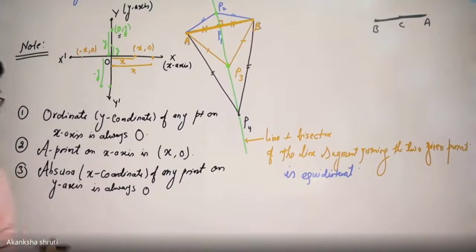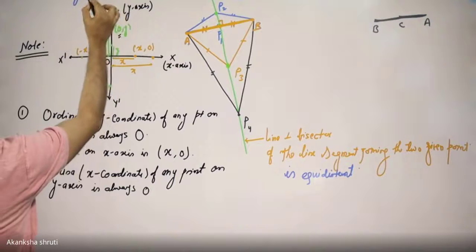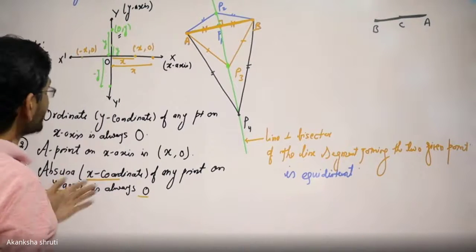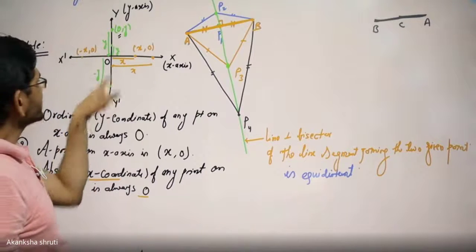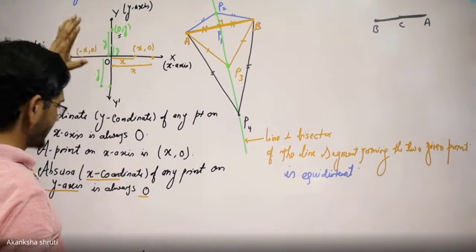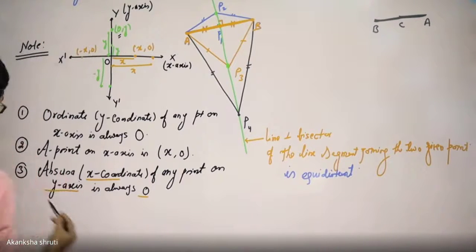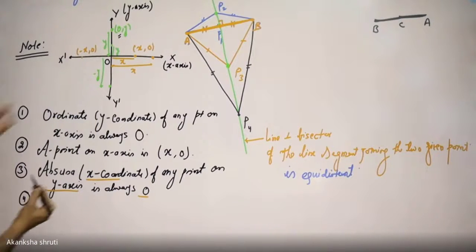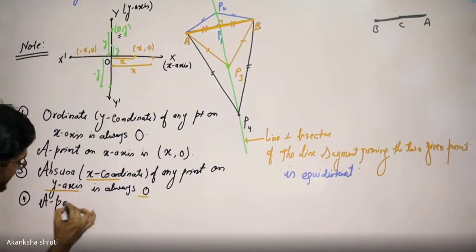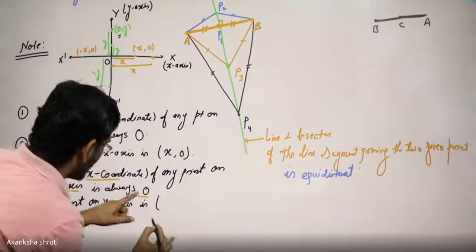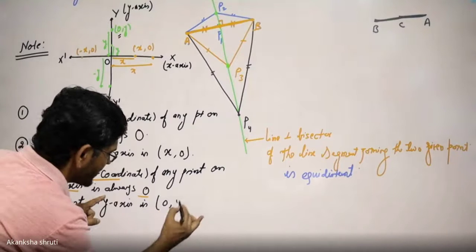Keep in mind, for a point on the y-axis, the x coordinate value is 0. The y value will be different, and that will tell at what distance on the y-axis the point is. So you have to keep that in mind. Now considering point number 3, we can choose a point on the y-axis like this. So a point on the y-axis is given by what? Its x coordinate is 0, but y is not 0.